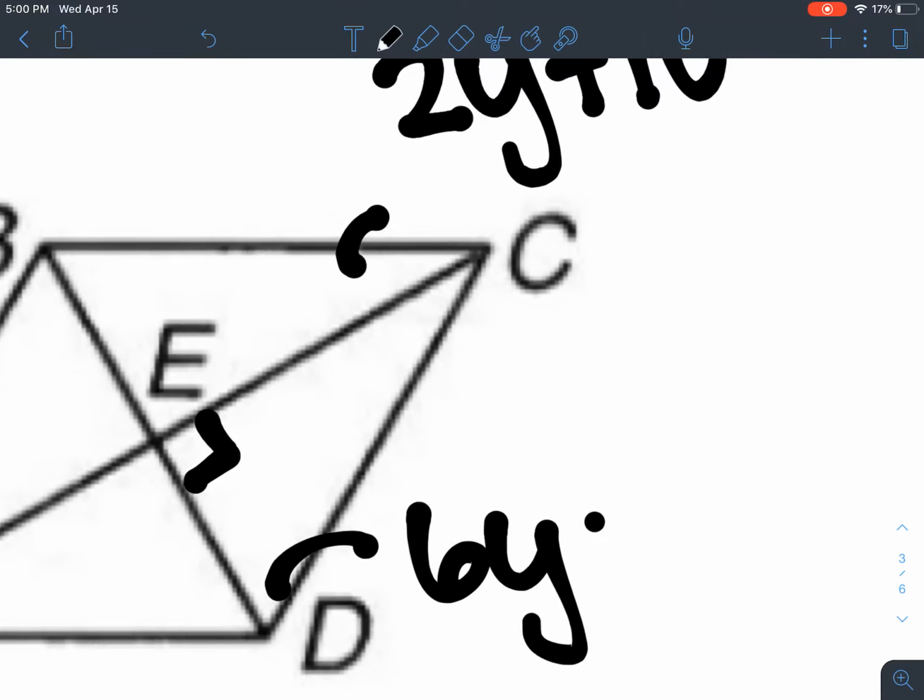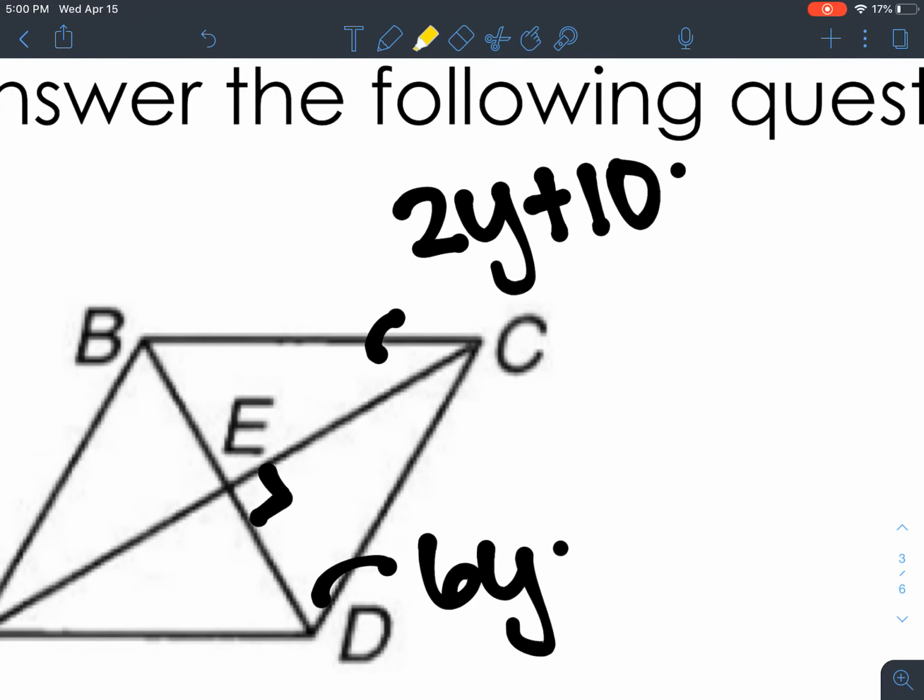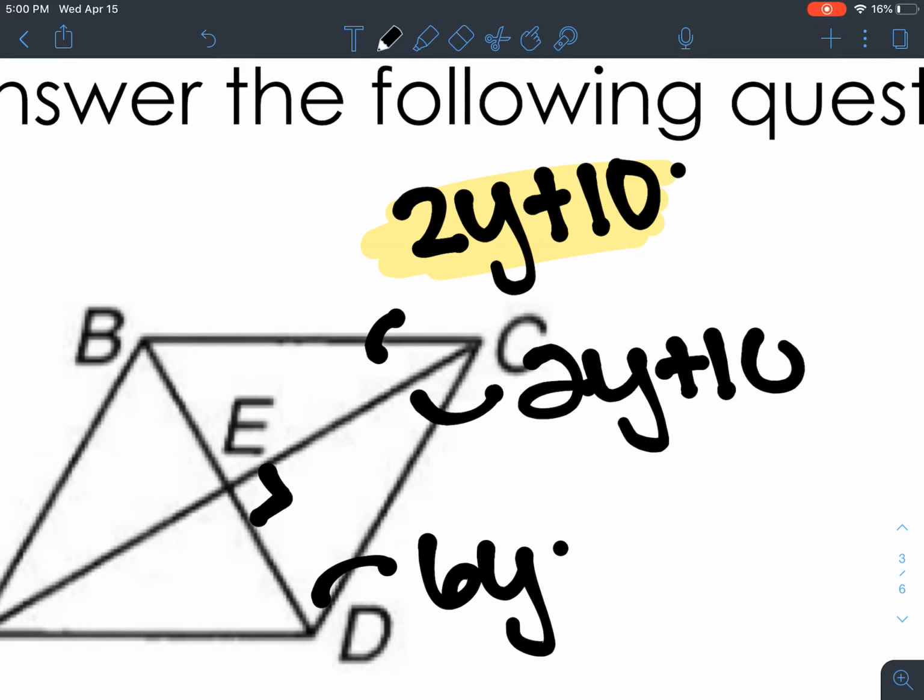What I want you to look at is, if this angle right here is 2y plus 10, what's this angle right here? Well, it's also 2y plus 10, right? And so now if I look at this triangle, what can I do with it? Well, I can add up all three of these angles together, including that 90 degrees, and set them equal to 180.